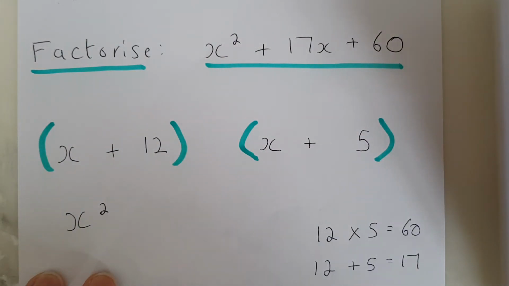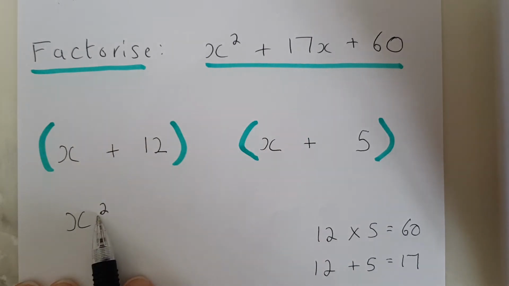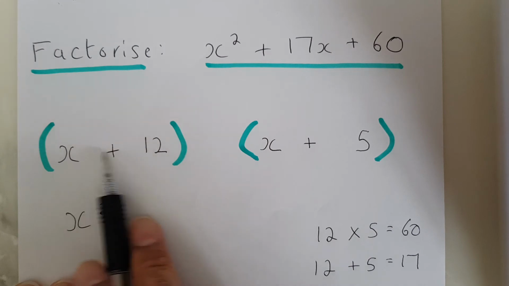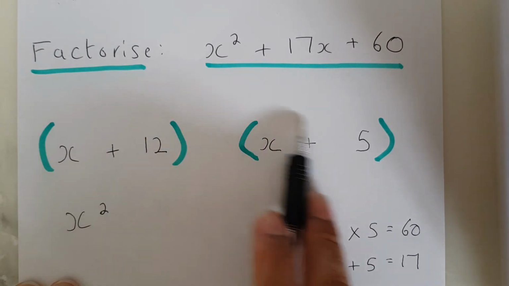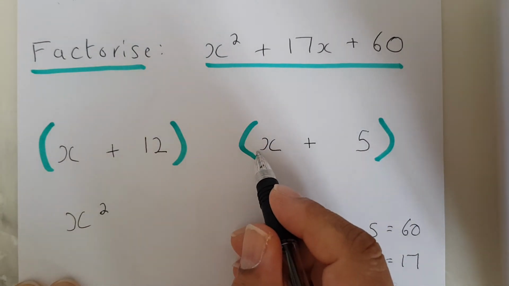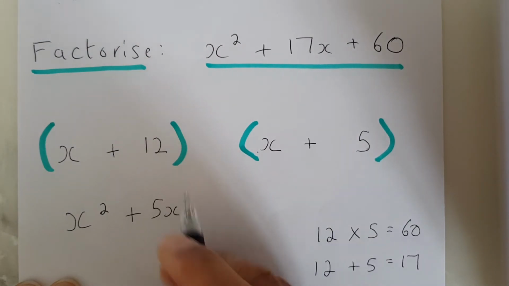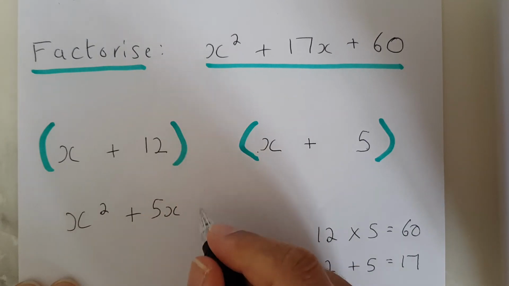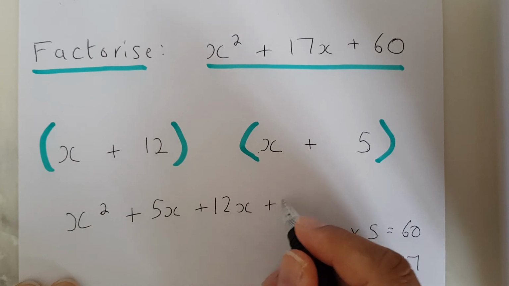Really straightforward. So we know x times x is x squared, so we're going to expand now. What I'm doing is proving these brackets, these numbers and these operations are correct, and we should get this answer. So x times x is x squared, x times 5 is 5x, it's all positive. 12 times x is 12x, and 12 times 5 is 60.